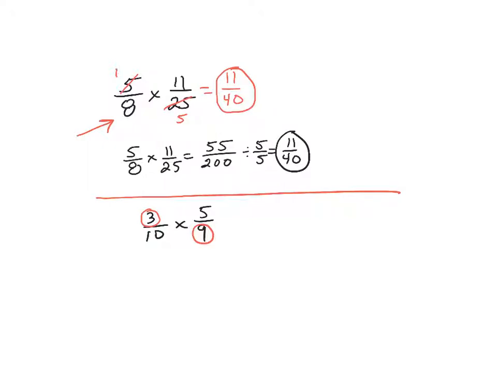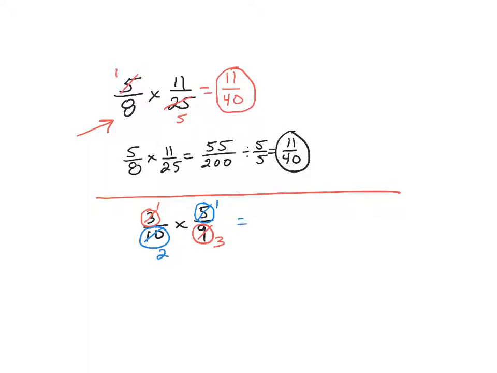So I'm going to divide both of those by 3. 3 divided by 3 gives me 1. 9 divided by 3 gives me 3. But notice I also have a 5 in the numerator and a 10 in the denominator. I can divide both of those by 5. 5 divided by 5 is 1. 10 divided by 5 is 2.